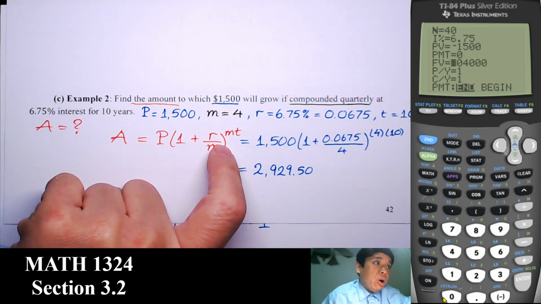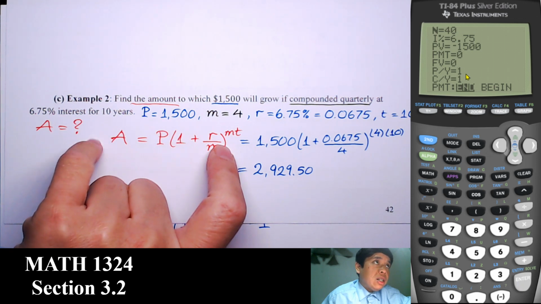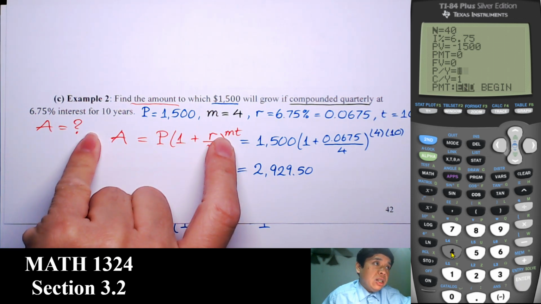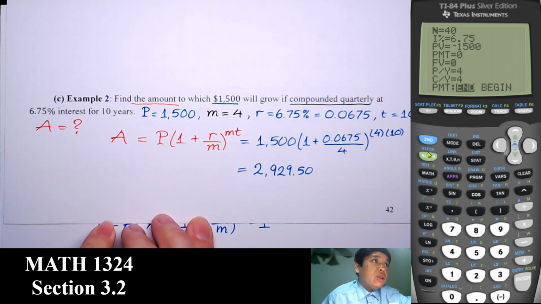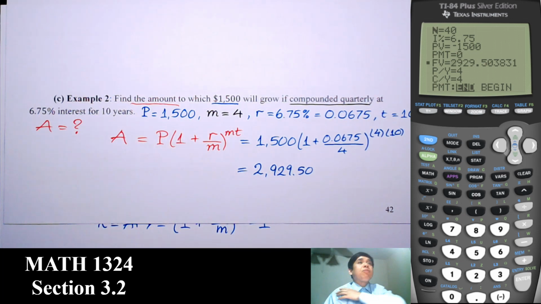Future value we don't know, but we know that it is compounded 4 times a year. Alright, now we solve for the future value: Alpha, Solve, and that's exactly what we have.